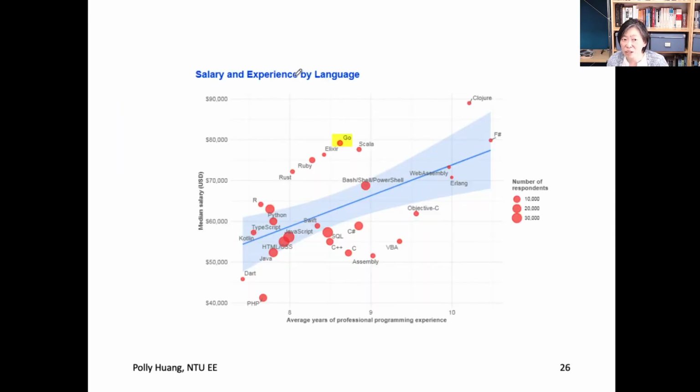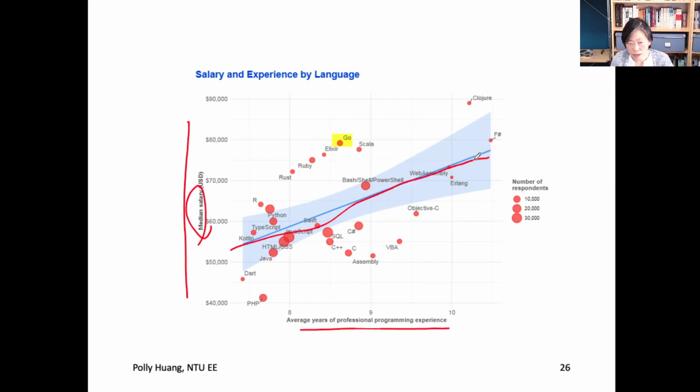Okay, not to mention this, if you are looking forward to joining society as a functional adult and as a gainfully employed adult, look at this. This is years of professional programming experience versus median salary in US dollars. Okay, so this is the regression of all the programmers' salary.